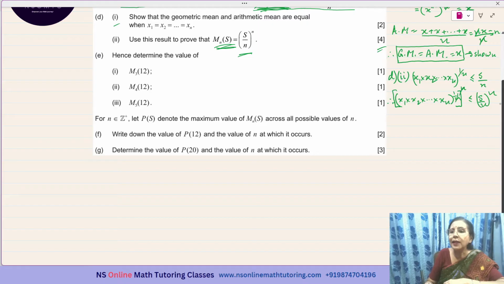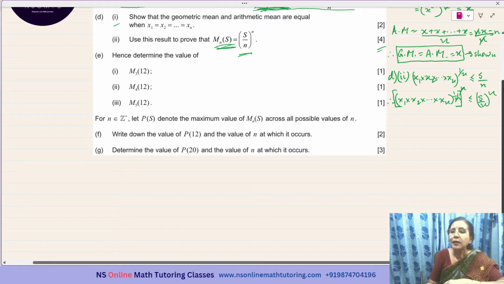And these two will be getting cancelled. Okay. And so what expression are we getting? What inequality? It is x1 times x2 times dot dot dot times xn is less than or equal to s over n whole raised to the power of n.